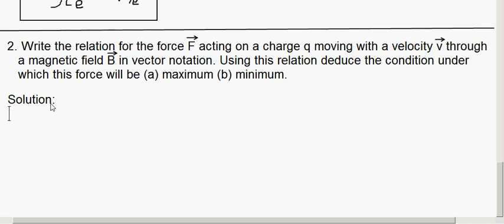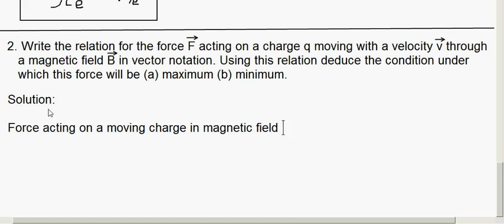Now we know the formula for this. F is Q into V cross B. In vector notation, we can write the force F as Q into V cross B. This is the force acting on a moving charge in a magnetic field.